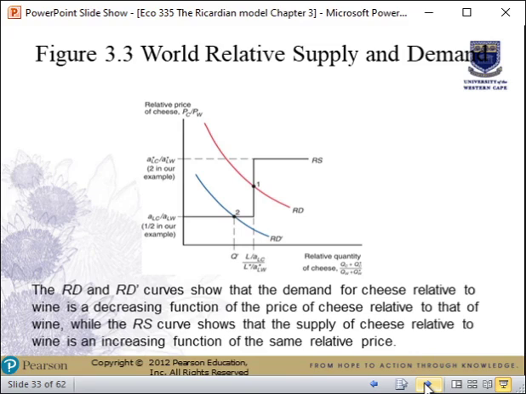Also note that the equilibrium point can occur at any point along the relative supply curve. For example, suppose the equilibrium occurs at point 2, the home relative price of cheese is the same as its opportunity cost. The workers at home will be indifferent between working in the cheese or wine industry. Hence, both goods will be produced in the home country, as shown by point Q prime.